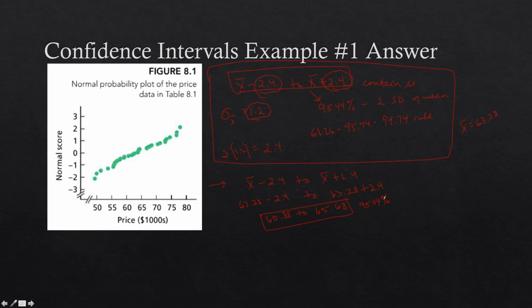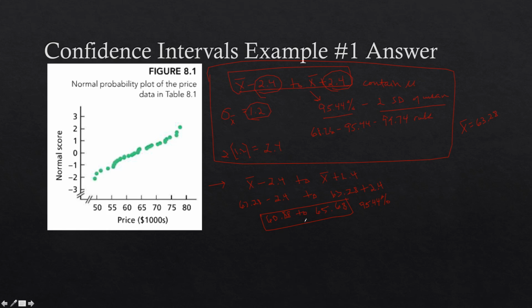This is how we would interpret this. Let me say that again. We're 95.44% confident because we proved that this is the right interval up here for 95.44% within 2 standard deviations of the mean. We're 95.44% confident that the mean is in this particular interval.